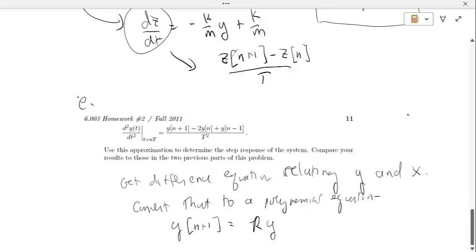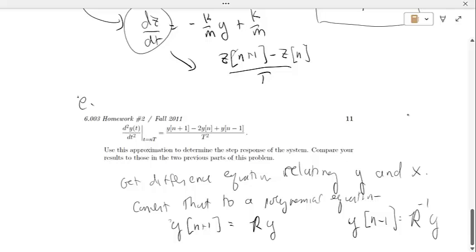And y of n minus 1 is going to be r inverse. Okay, and you can think of this r as an algebraic variable. I think actually he usually does capital Y's.